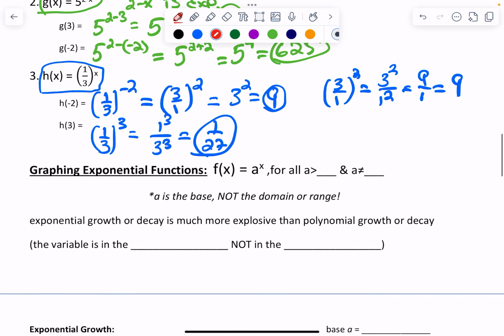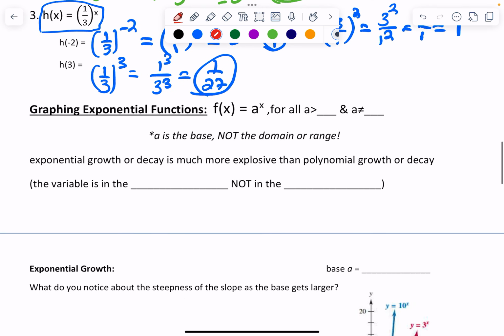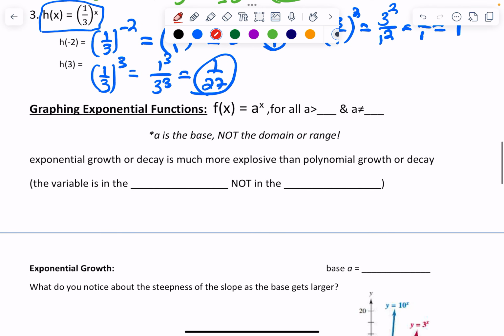Okay, graphing exponential functions. F of x equals a to the power of x for all a that are greater than 0, and a cannot equal 1. Now, make sure that you are aware of this. A is the base, not the domain or range. So when we talk about the domain here, your domain is going to be all real numbers.